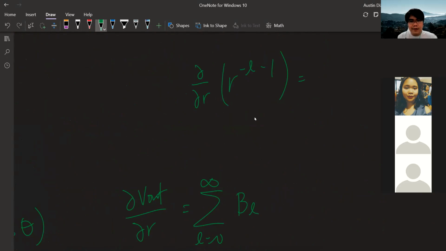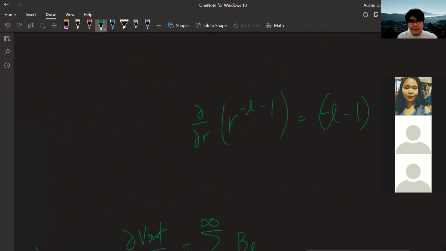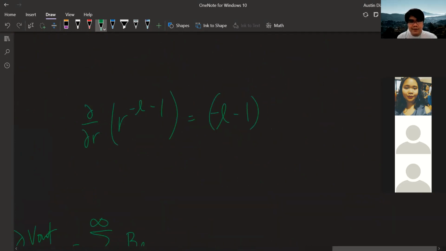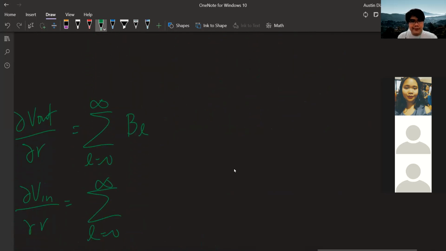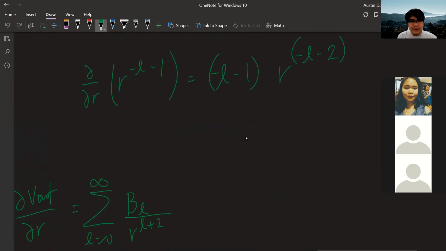So this is negative L minus 1. Mas mababawasan pa ng isa. Okay. So this is RL plus 2. Tapos negative L, negative 1. Okay? Tapos PL.